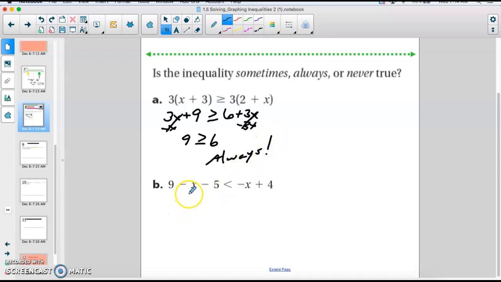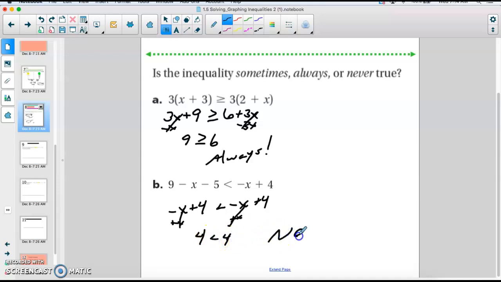Now this one, let's combine some like terms. We get negative x plus 4 is less than negative x plus 4. And right away you can see these are the same thing on both sides, but just to finish it out here, let's add x. We get 4 is less than 4. Well, is that true? No, it's not. 4 is equal to 4, not less than.